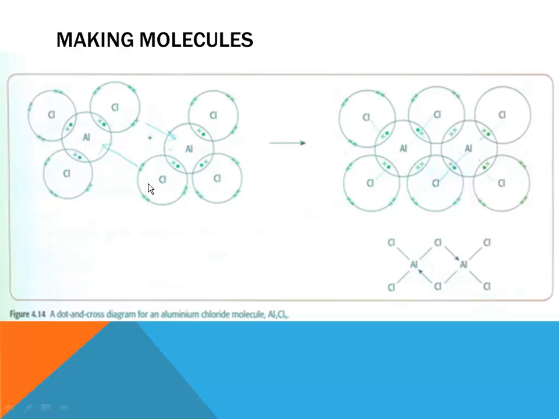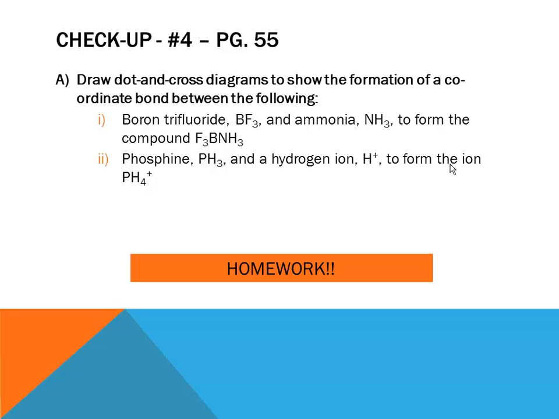So there's going to be attraction between the protons and electrons between other chlorines and aluminums. Same concept here with this aluminum missing a pair, and chlorine has all these electrons, all this positive charge from aluminum. They will make a crystal and make an ionic compound, and it continues millions and millions of times to make a cube or a crystal.